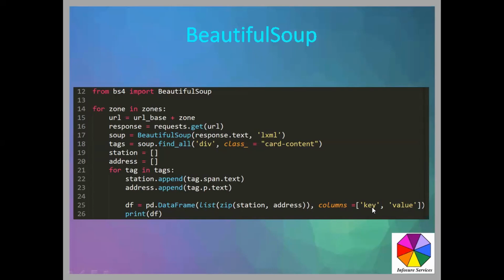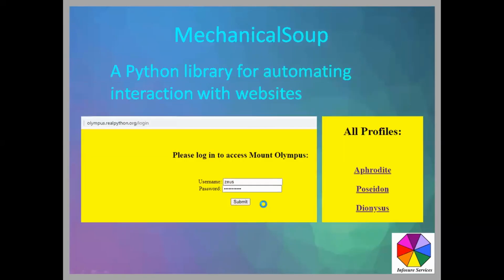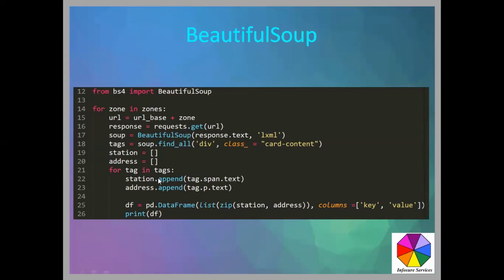A little bit of code here, but when we do this, you have a data frame, a table, and then you print. It loops through each of them, builds that, and finally we print the table. It will show the fire station and the address.